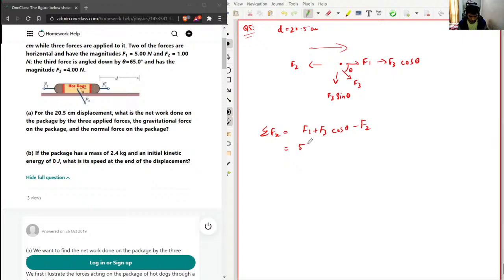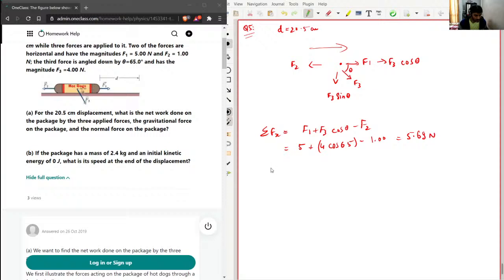This will be 5 plus F3 is 4 into cos of 65, and F2 is 1.00. This is 4 times cos of 65 plus 5 minus 1. This will be 5.69 newtons.